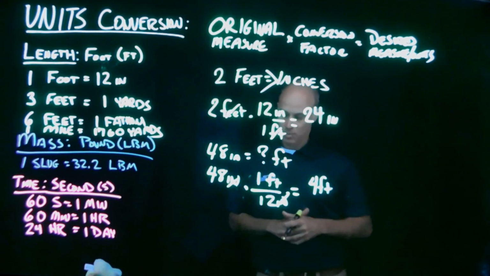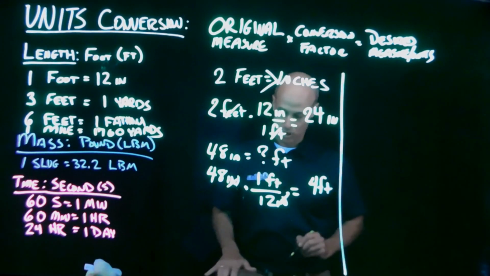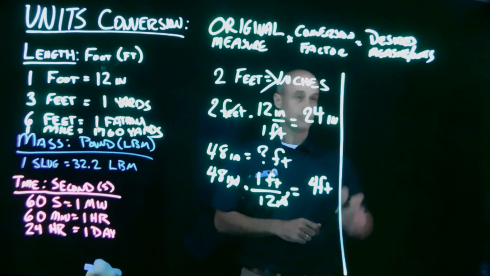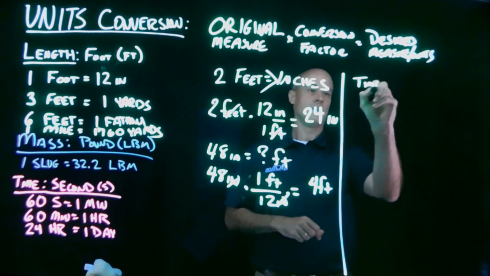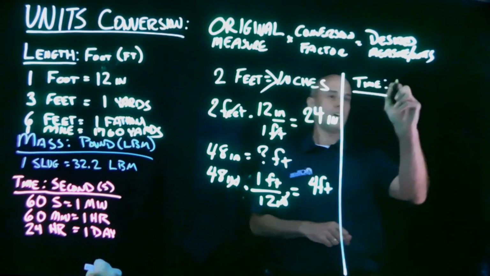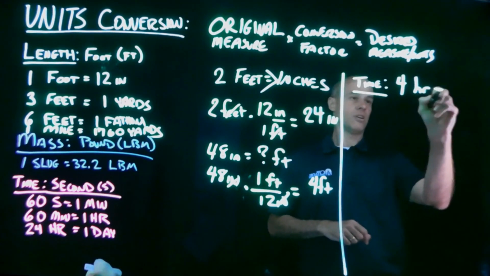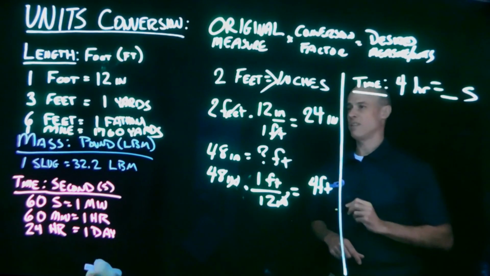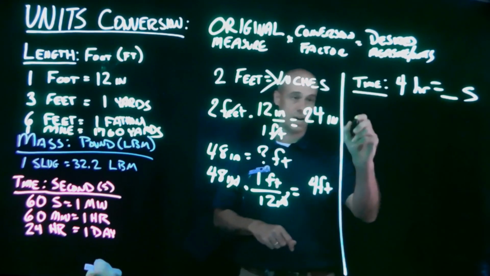So now let's take a look at something just a little bit more involved, but still very straightforward. And let's say we take time, and we have 4 hours that we want to convert into seconds. So this is going to require us to use 2 conversions, but we can do it all at one time.